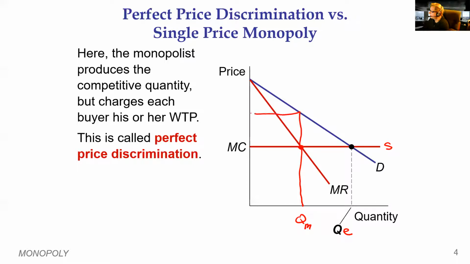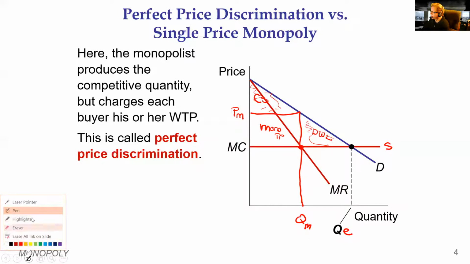Follow it up, follow it over to price. This is the price for the monopolist. And again, here's our deadweight loss in this area here. Here's our consumer surplus. Notice it's a lot lower, but the monopolist profit is right here in this rectangle.